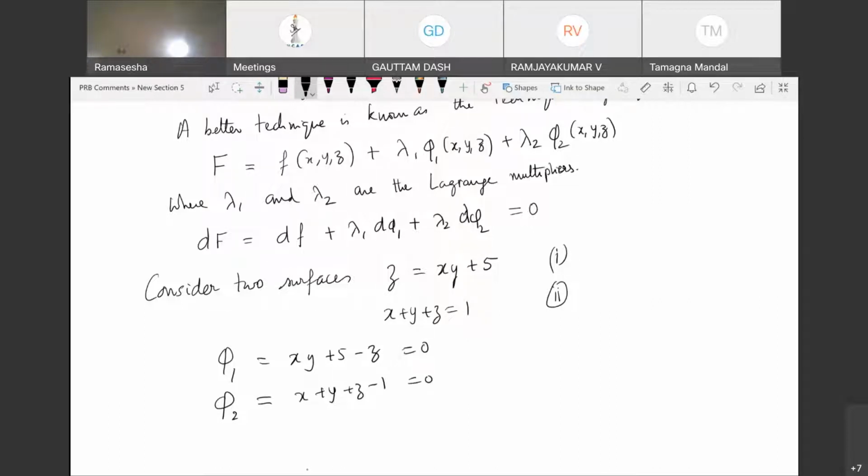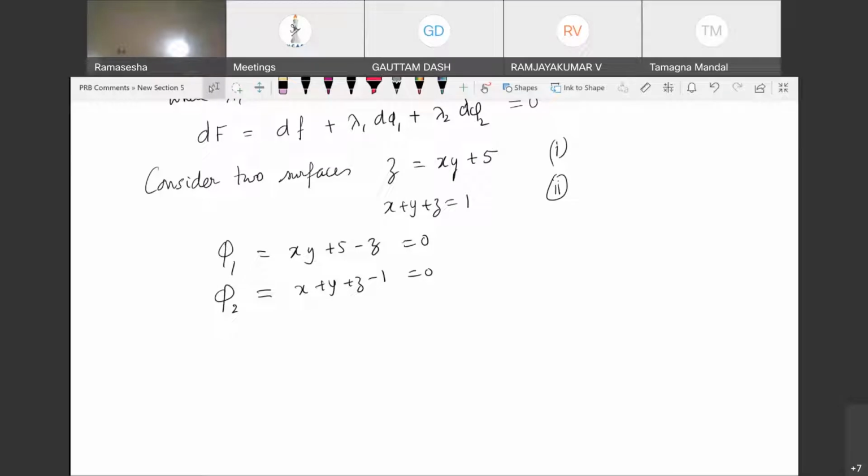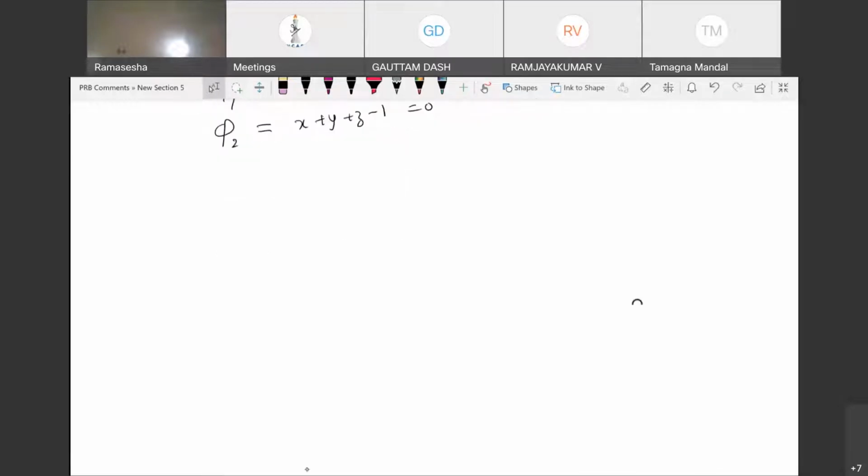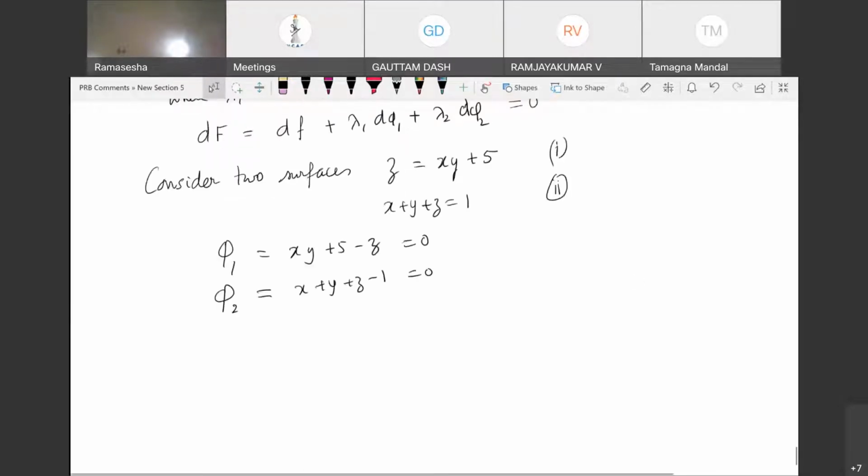Now, let us consider the intersection of two surfaces p1 and p2.